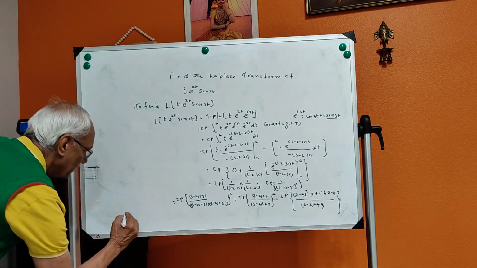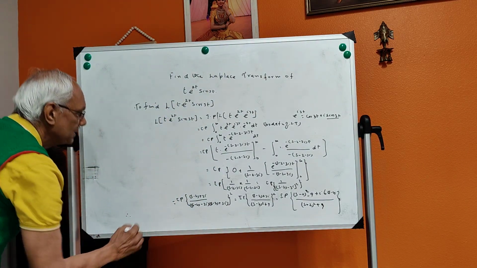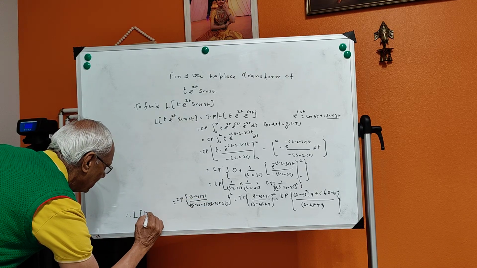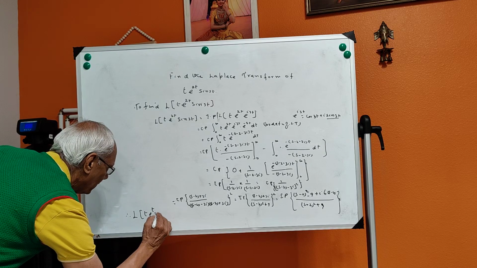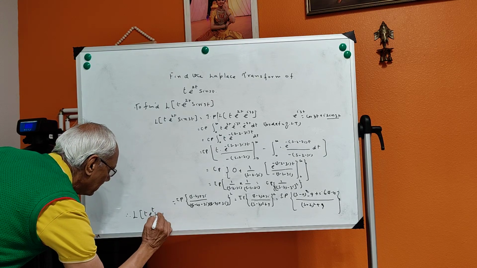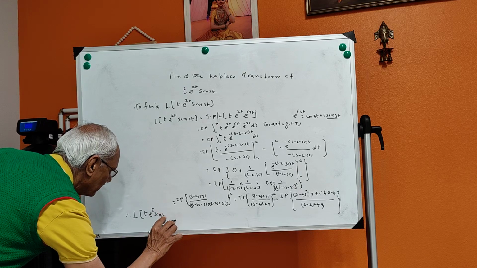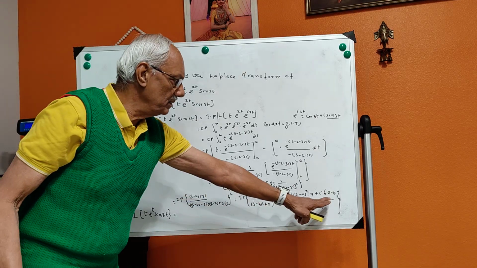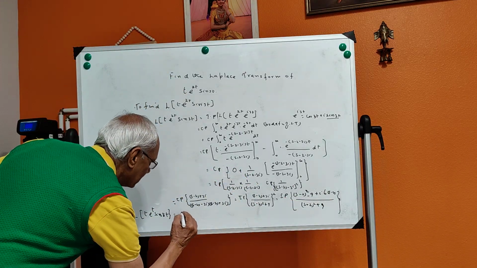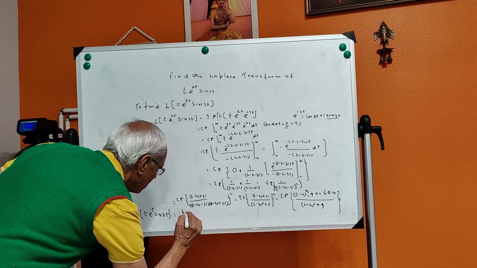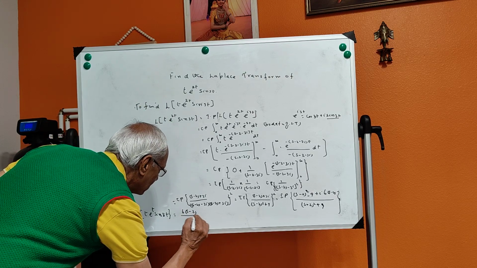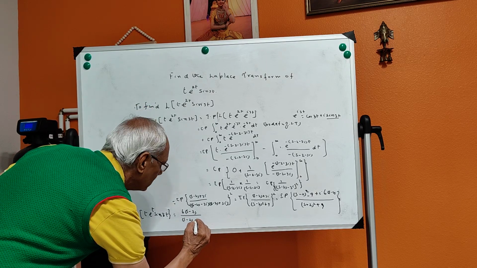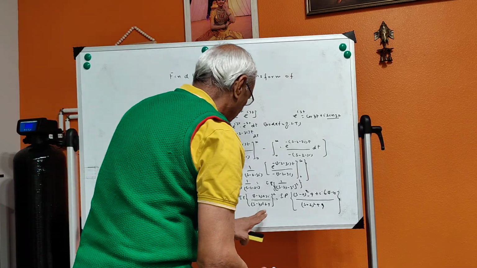Therefore, I will take the imaginary part. Therefore, L of t into e to the power of t sin 3t is equal to the imaginary part of, it is nothing but 6 into (s minus 2) divided by (s minus 2) square plus 9, this is whole square.